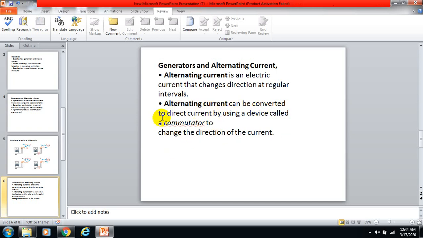Alternating current can be converted to direct current, like the DC current, by using a device called a commutator to change the direction of the current. Now what is a commutator? It will change the direction of the current. That's why we convert to direct current by using a device. We call them what? Commutator.